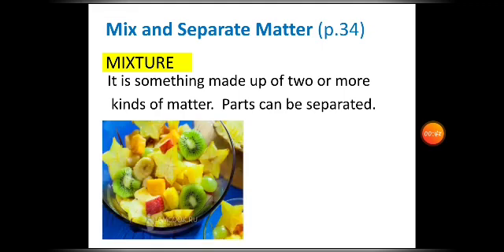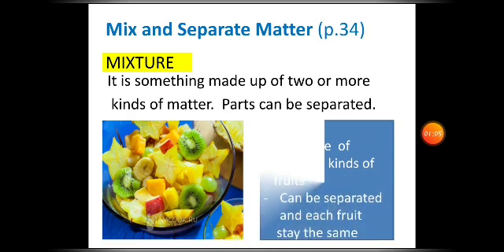Take a look with this example. What is it? Yes, it can be your favorite dessert. This is a fruit salad. So a fruit salad is made up of several kinds of fruits. And you can identify each kind of fruit present in it. So therefore, we can say that it is a mixture.